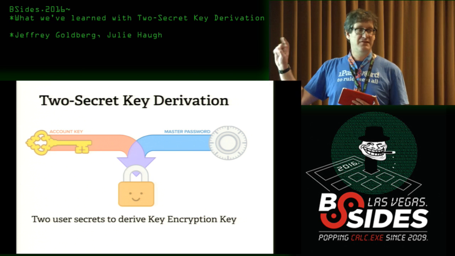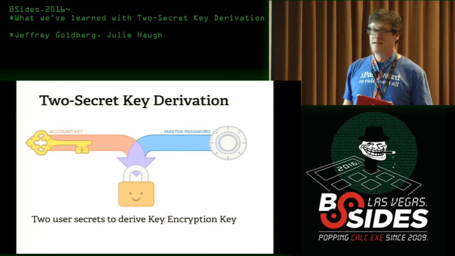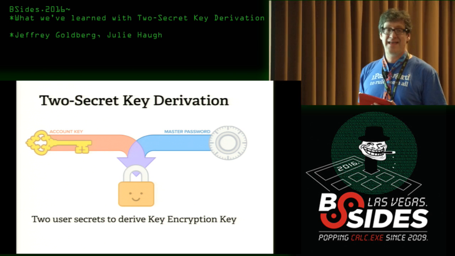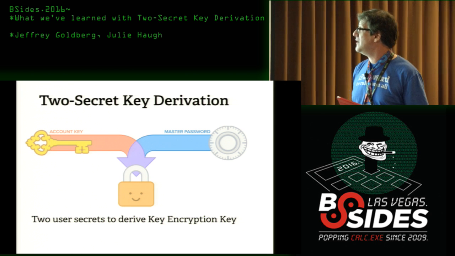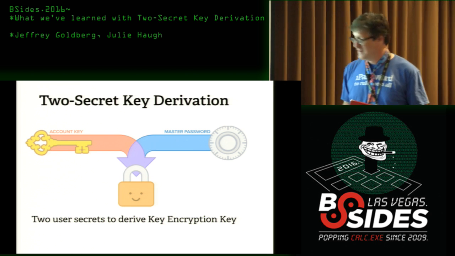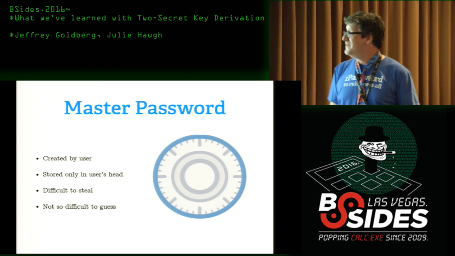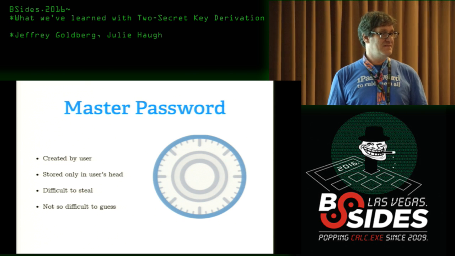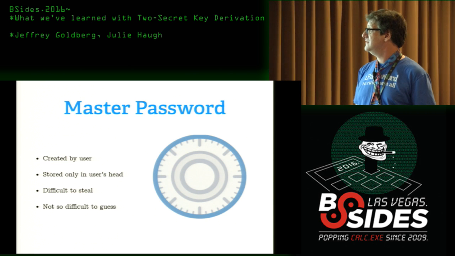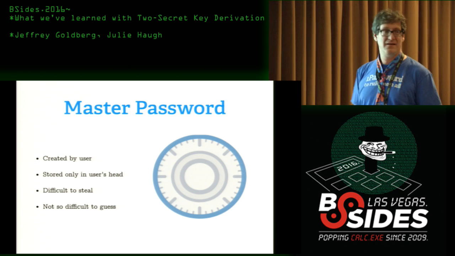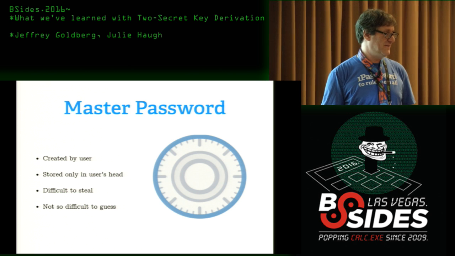we take two user secrets, a master password and something that we've called an account key, and I have no idea why we call it that. So a master password is something that's more or less created by the user. It's stored only in the user's head, which makes it difficult to steal.